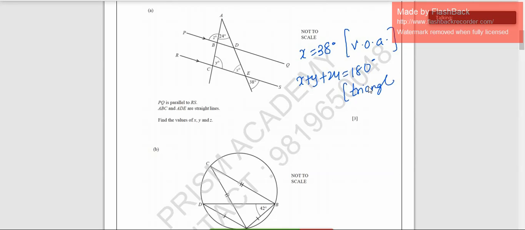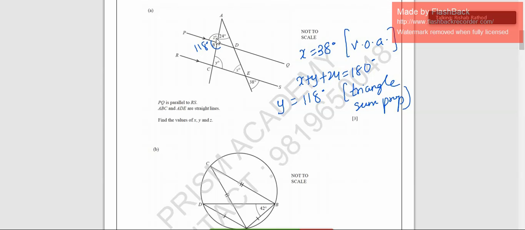Triangle sum property. So how much is y? Equal to 180 minus 38 minus 24. So y you get is 118. If this is 118, this will also become 118. Alternate angles.